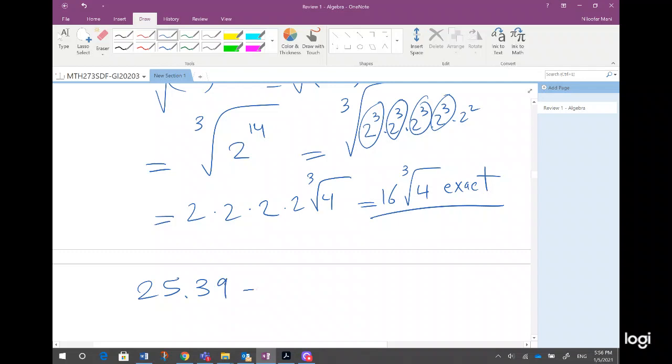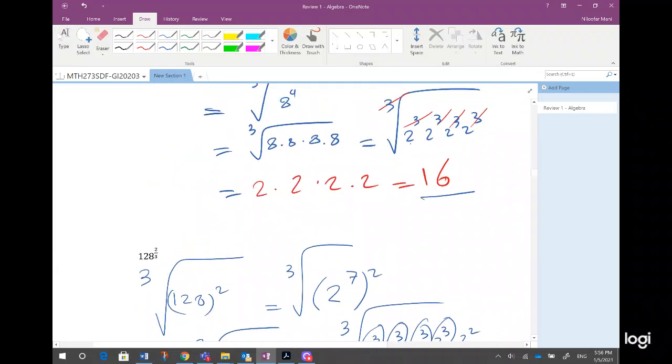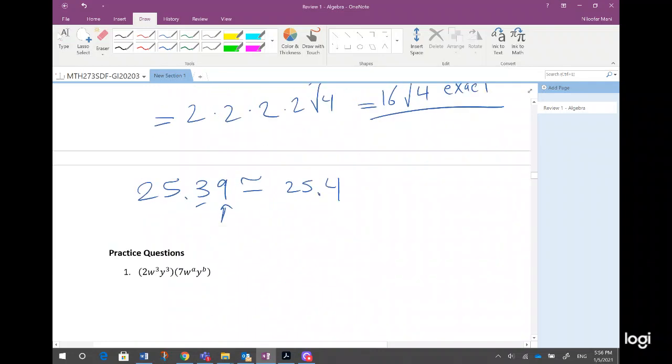For example, I can round to 25.4. So it depends on the question. Okay, so if you know, you can simplify each radical to different power, different roots. If not, you can just use your calculator, and then either you round it or not. Like here, you have just a whole number.